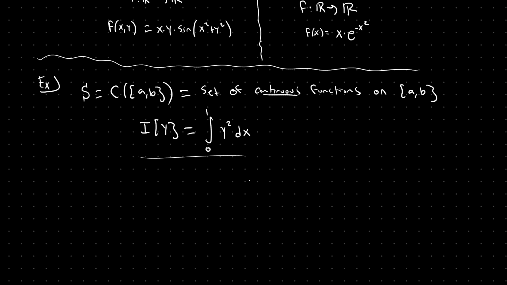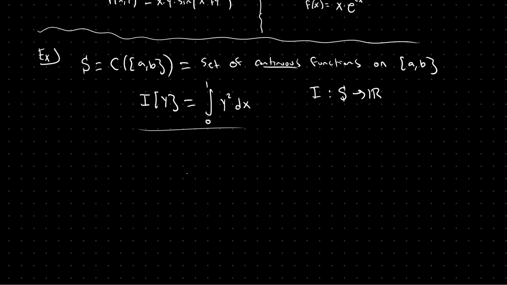This is a functional from this set S into R, because for any different continuous function, this will give you a different real number. For instance, if you take I of x, this is going to give you the integral from 0 to 1 of y squared for when y equals x.